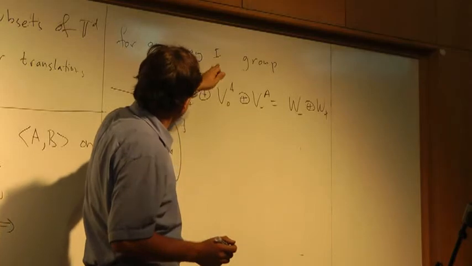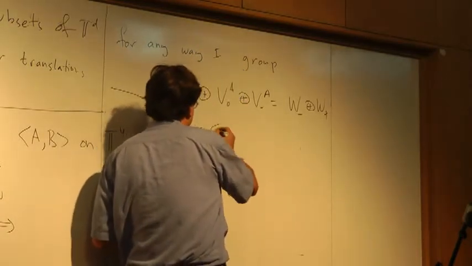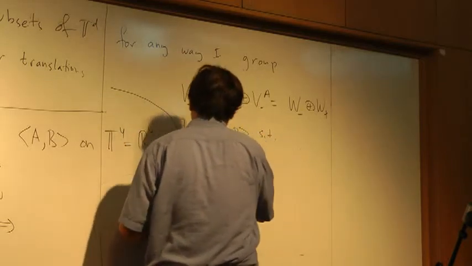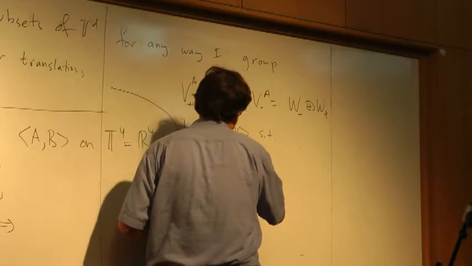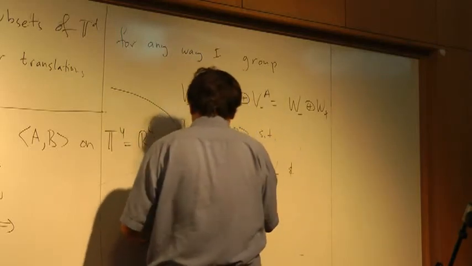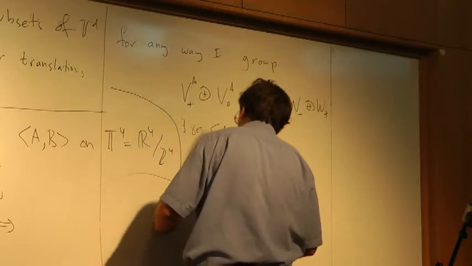For any way I group these, there will be some element gamma inside the group generated by A and B, such that gamma contracts W minus and expands W plus.